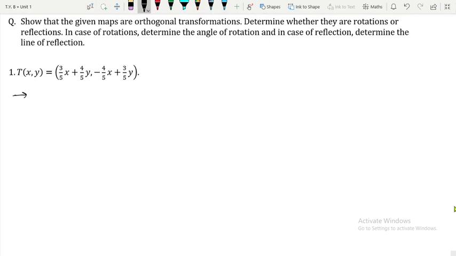So what I will say here, first we show that T is an orthogonal linear transformation. Okay, so this is homework, this can be done by you. Now we will check whether it is a rotation or reflection.